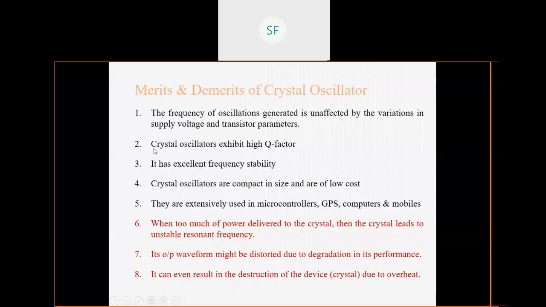Points number 1 to 5 are the advantages or merits of your crystal oscillator, and these are extensively used in microcontrollers, laptops, computers, and smartphones. And points number 6, 7, 8 are the demerits or disadvantages of the crystal oscillator.